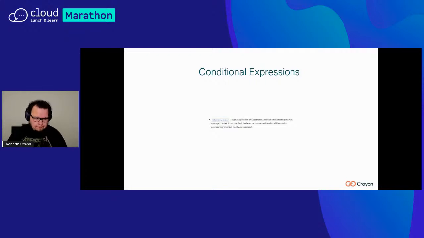For instance, you have the problem with Kubernetes versions in AKS. If you look at what the documentation says, I'm sorry, it's a little bit small here, but I'll read it. This is an optional attribute, and if you don't set it, it will use the latest recommended version at the time of provisioning, and then never upgrade.